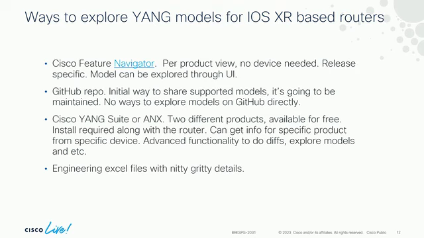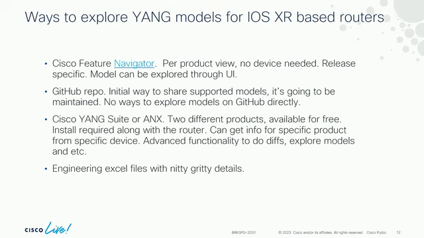And you can review the models supported per specific platform, per specific release. That's a very good visual way to explore native, unified, or OpenConfig models on our boxes. And the beauty of this approach is that you don't need any devices for it.